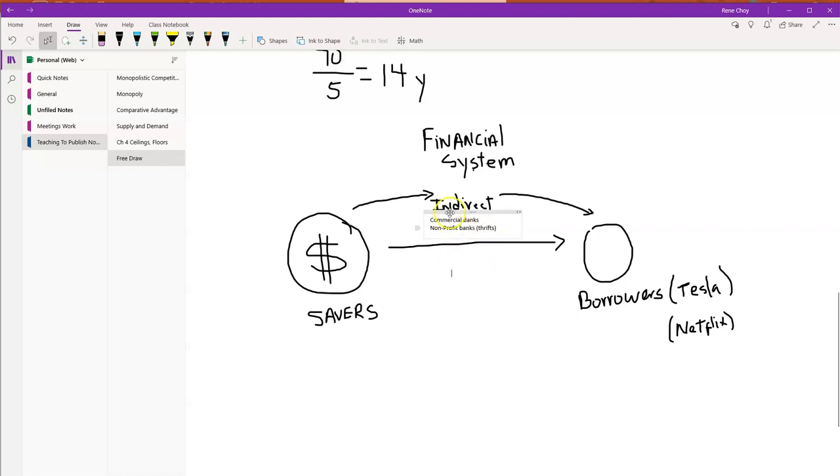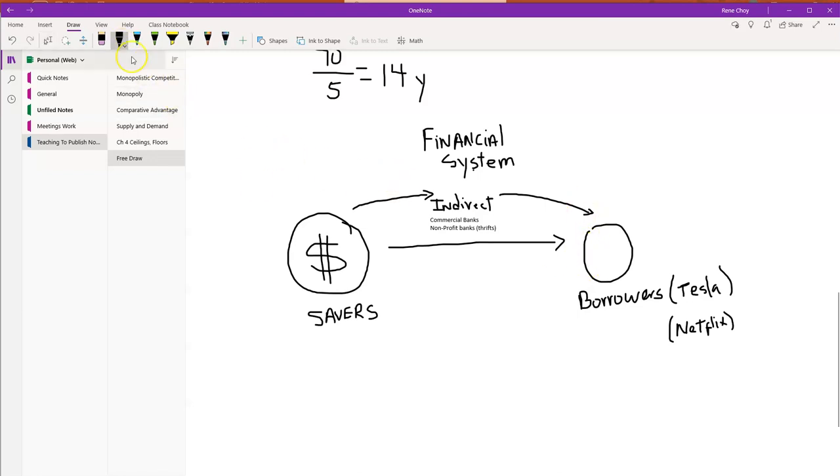Okay, so indirect finance is one way to do it. You deposit your money in the bank, you open a savings account or checking account, and then they move the money to the other side by issuing credit cards or personal loans or student loans or mortgages for houses, for example.